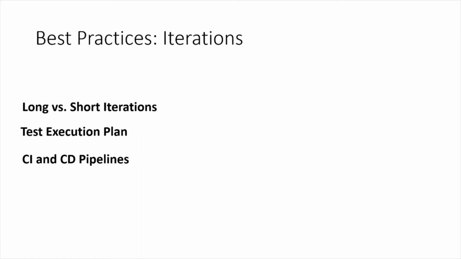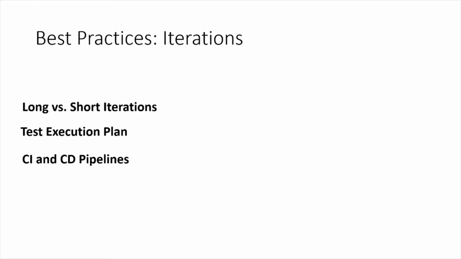Now, iterations or sprints. What are the best practices here? So we need to identify the length of our sprints, right? Because we all know that the standard recommended in the Scrum guide is 2 to 4 weeks.